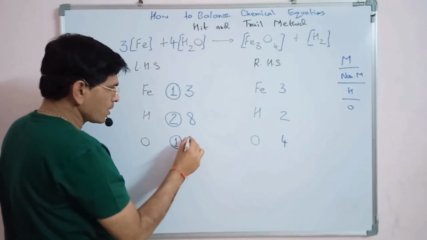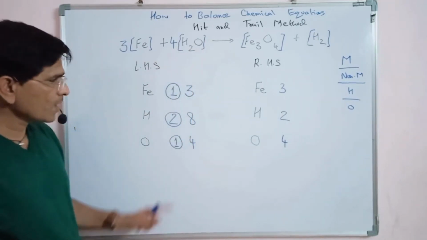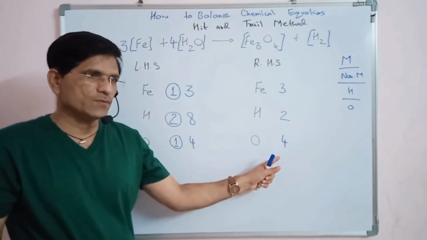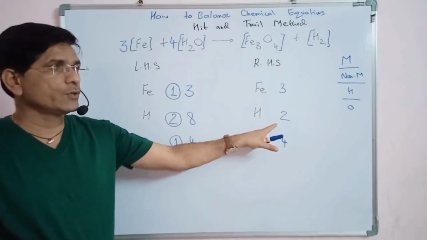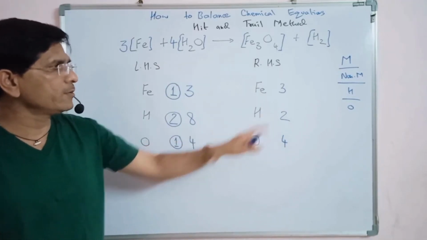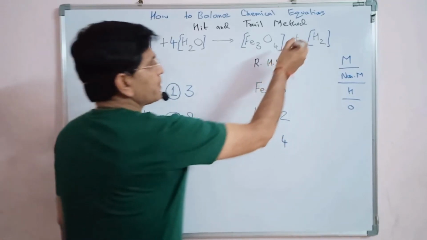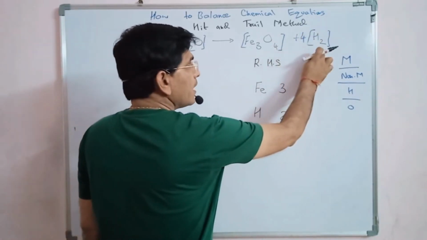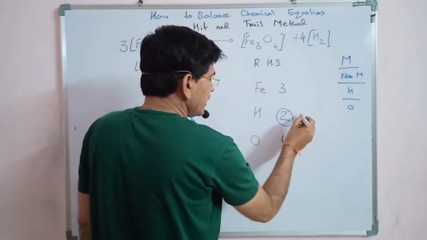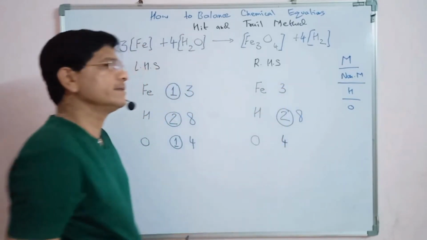So now oxygen is 4, again oxygen is 4. Hydrogen is 8, but again hydrogen is 2 here. So what do I have to do? To make 8, I have to multiply with 4. So 4 times 2 is 8; make it round and write 4.